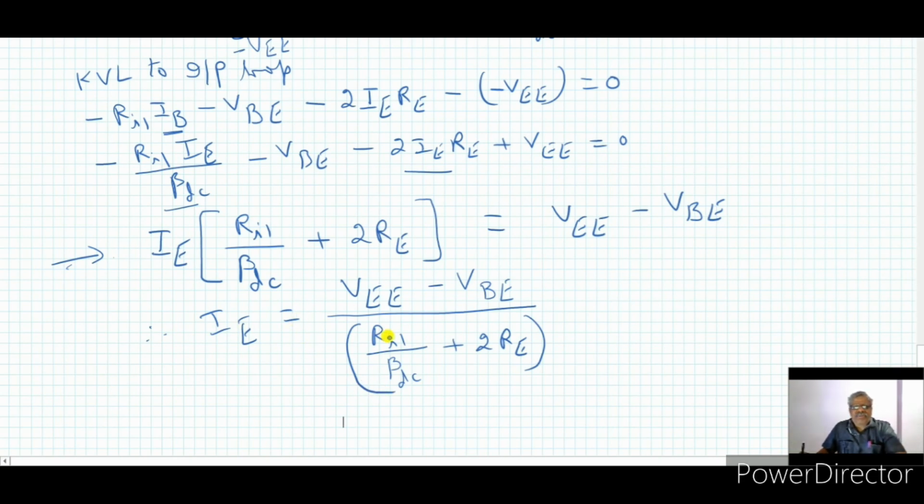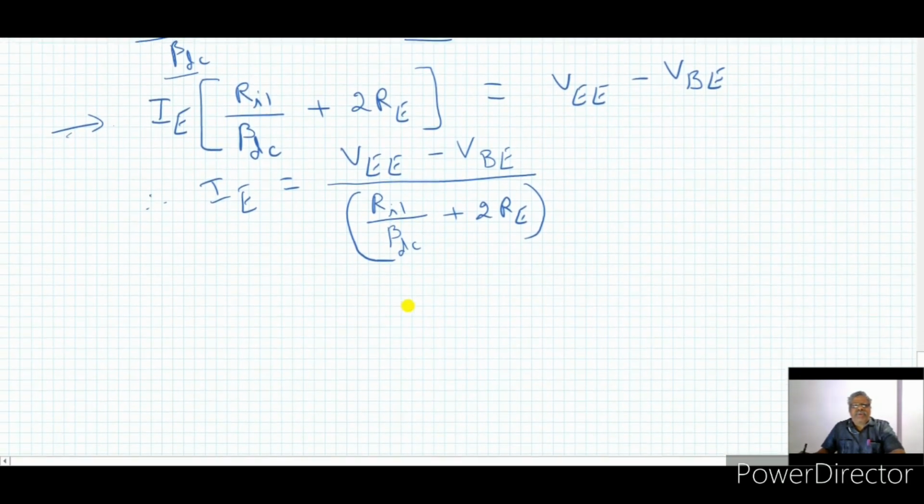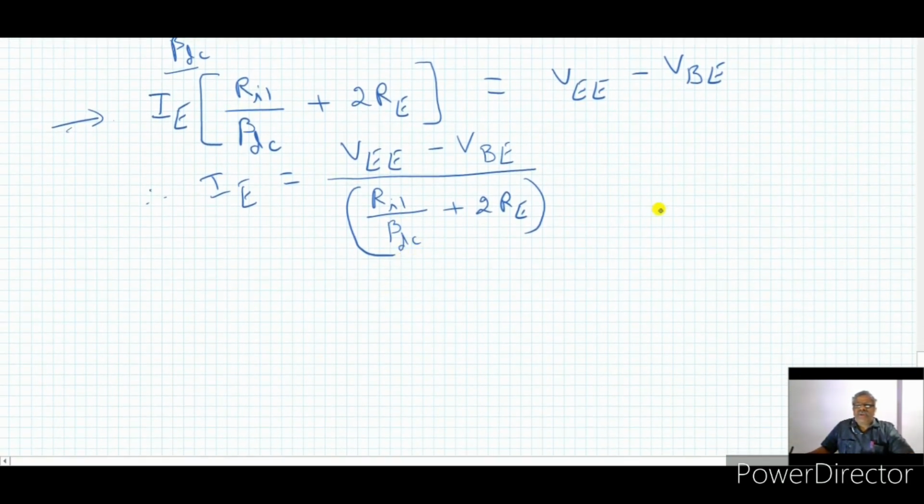This can be simplified further because for a given transistor, the value of beta DC is much larger, and RI1, the internal resistance of the input signal, generally has a smaller value, not too large for voltage sources.